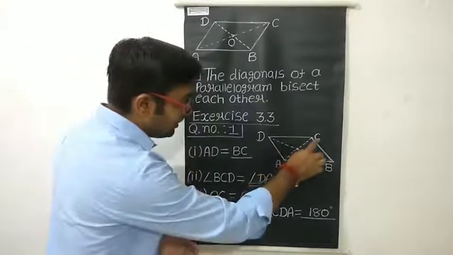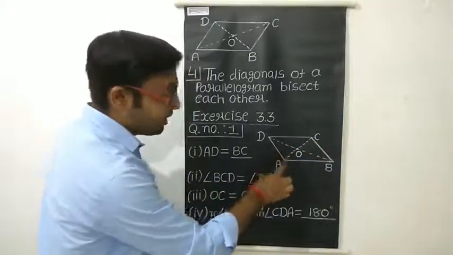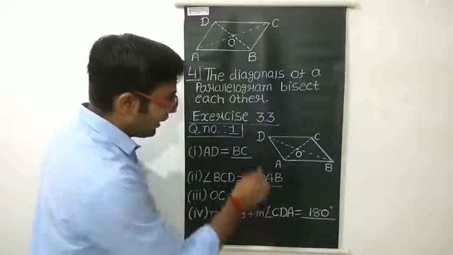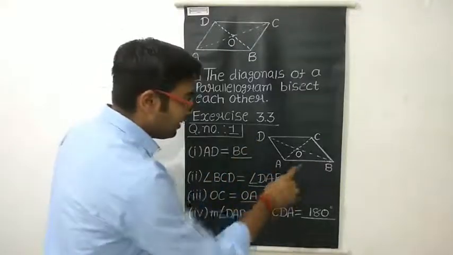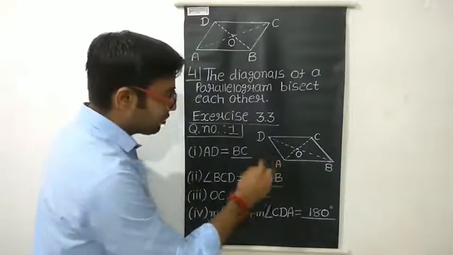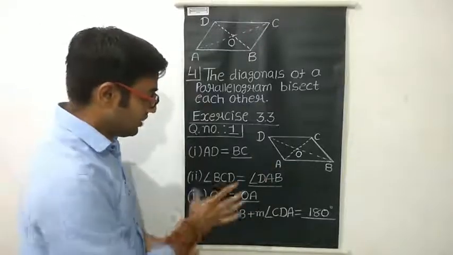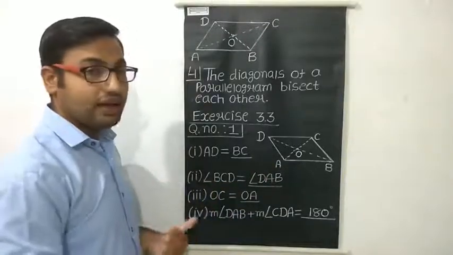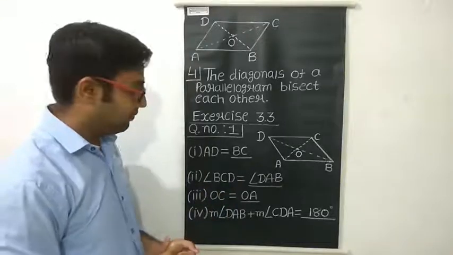So angle C and angle A are equal. And how can we write angle A? In another way, we can write it as DAB or BAD. Both the answers will be equal because A must be in the middle position. Right? So according to the angle property, both the angles are equal.